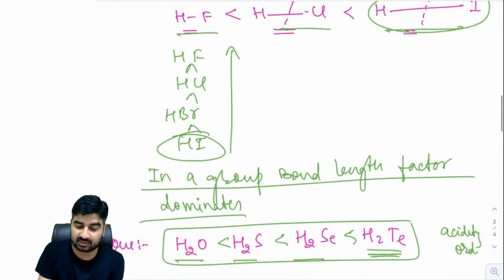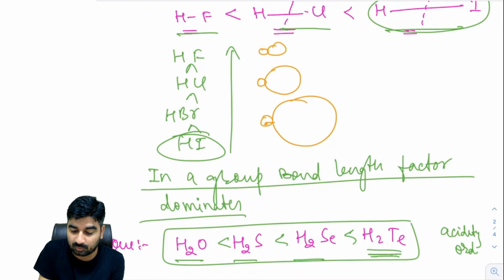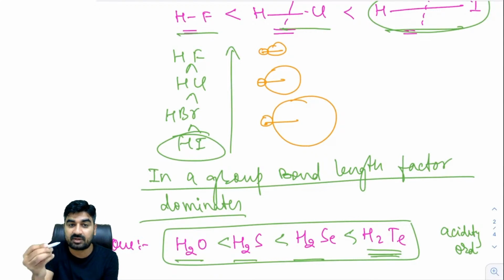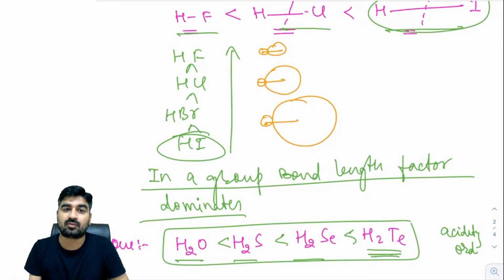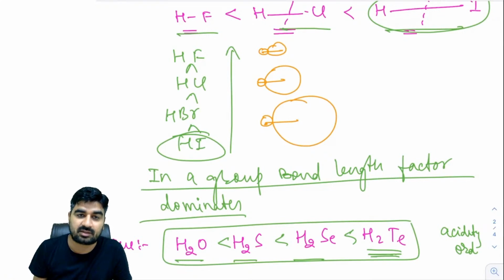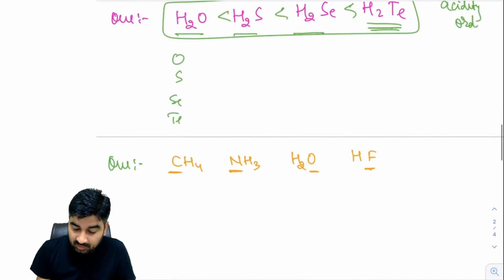Because if I take H-F, here it is H-Cl, H-Br, the bond length increases, because every time we are moving downward, one extra shell is added, and due to that shell bond length is increasing. So here bond length will not change much because all are from the second period.